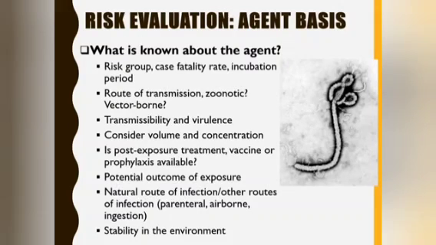The risk group, case fatality rate, incubation period, route of transmission, transmissibility and virulence, volume and concentration, availability of post-exposure treatment, vaccine or prophylaxis, potential outcome of exposure, routes of infection, and stability in the environment.